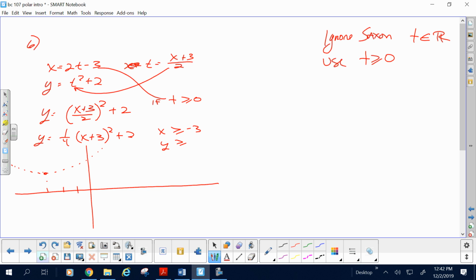Y is going to be 0 plus 2 and up, so greater than or equal to 2. So in terms of the graph, do we take the whole parabola or just a piece? Just this piece, and not that piece. Now you show time equals 0. When you eliminate the parameter, you should have a domain and range hanging off it. You should show where the initial point is. At time 0, where did it start? At that vertex point. This was the starting point. And what direction did it go?